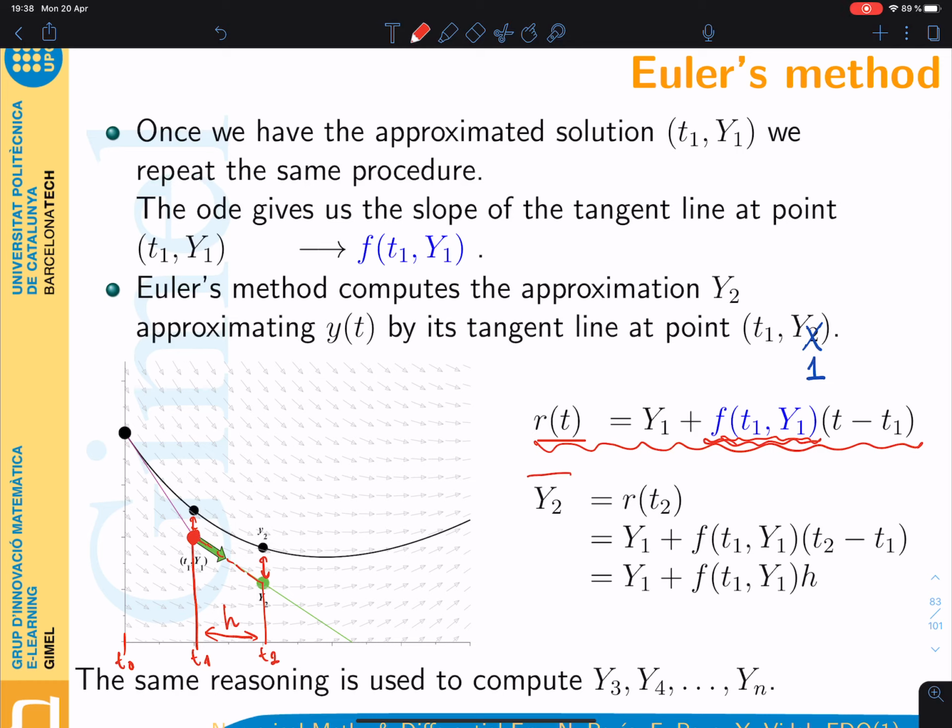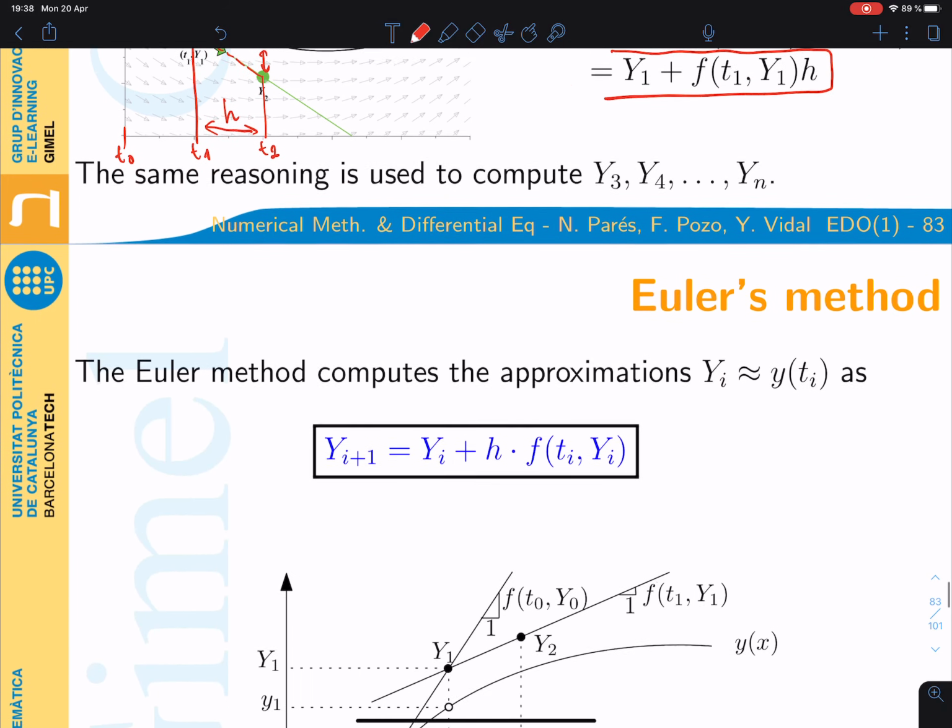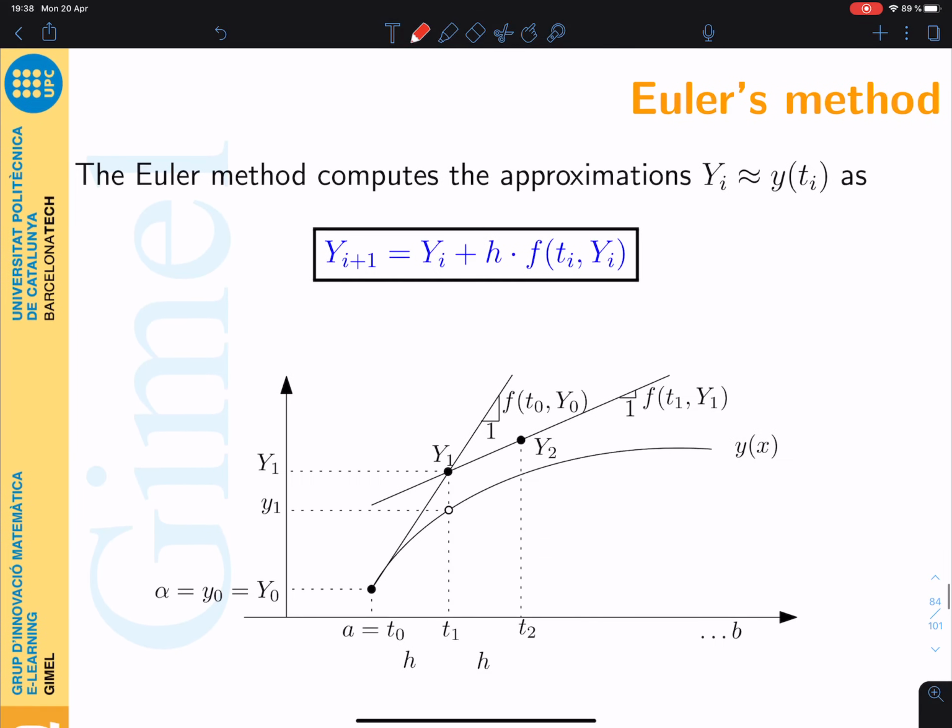In general, we can see that, for example, y2 is computed in this way. And in general, this is the formula of Euler's method. Okay? Euler's method computes the approximations using this formula. So if I'm at point ti, we know the value of the solution there.